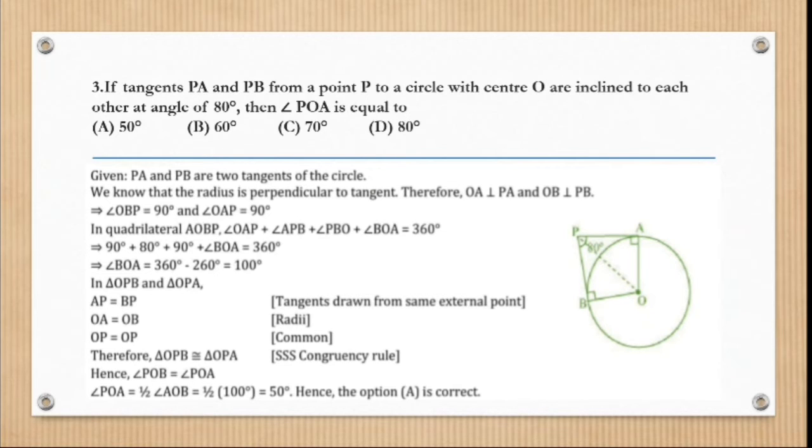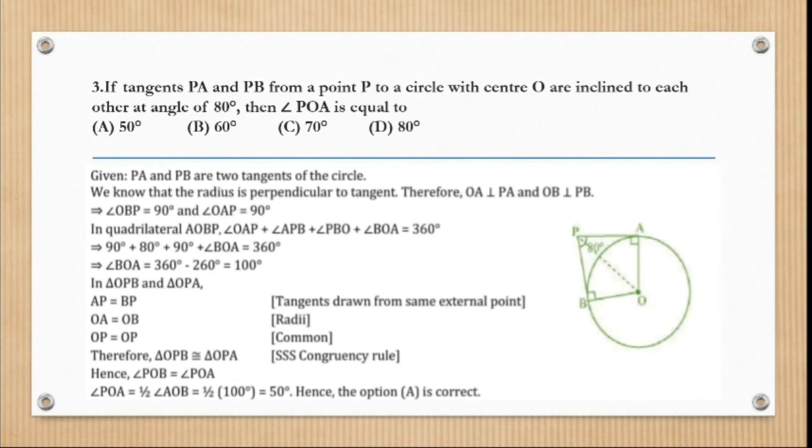Now third one. If tangents PA and PB from the point P to a circle with the center O are inclined to each other at angle 80 degree, then find the angle POA. You have to find this POA angle, this one. Again 4 options are given, you have to choose the right option.